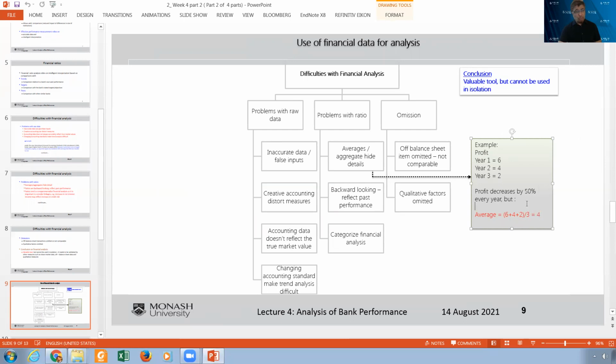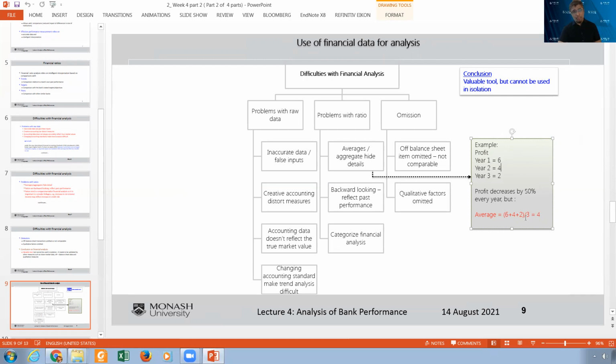But when you look at it in a deeper way, you can say I have dropped for the last 2 years by around 50%. So there is a drop. Profit decreases by 50% every year. So 6 drops to 4 and 4 drops to 2.